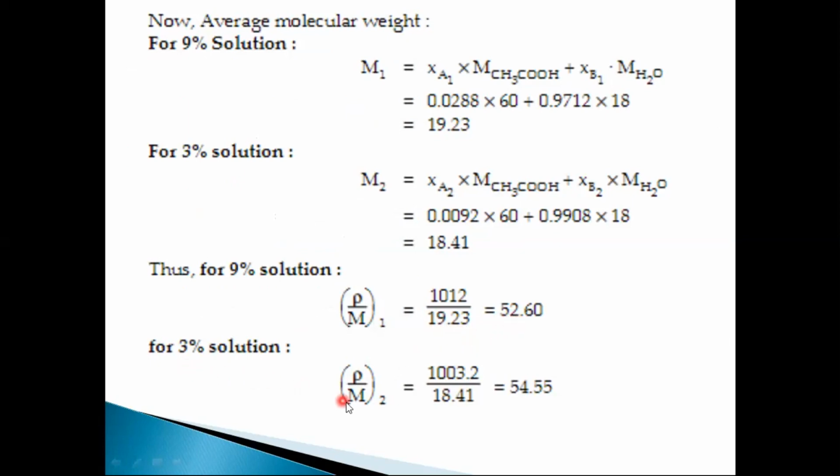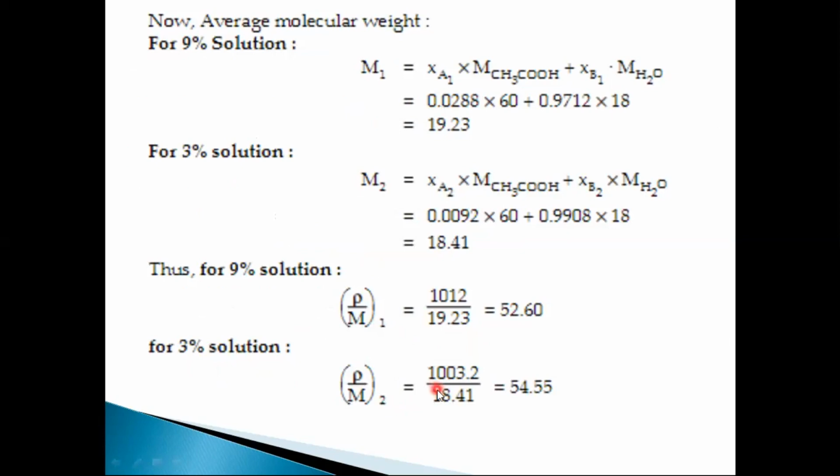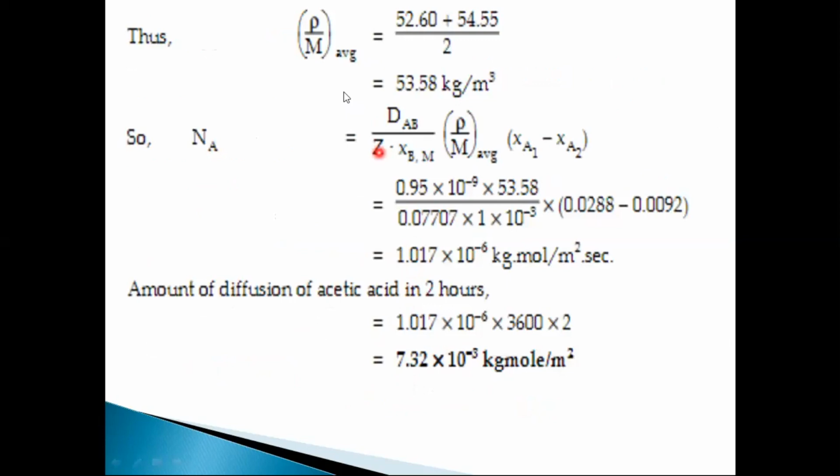Similarly, for the 3% solution, rho by M2: rho is already given, 1003 kg per meter cube, divided by 18.41, is equal to 54.55. Just take the average, means rho by M1 plus rho by M2 divided by 2. This is the average: 52.60 plus 54.55 divided by 2. You will get this answer.